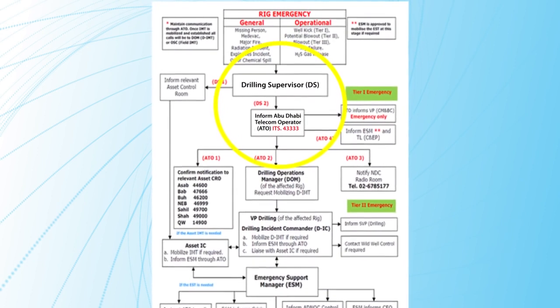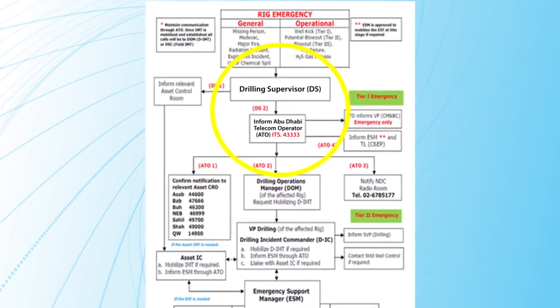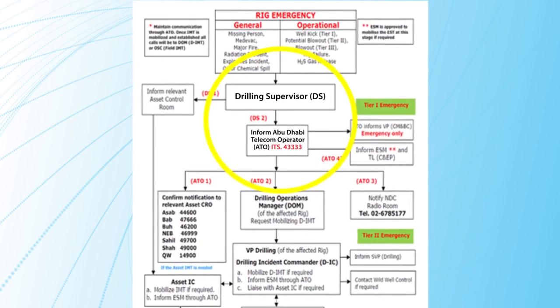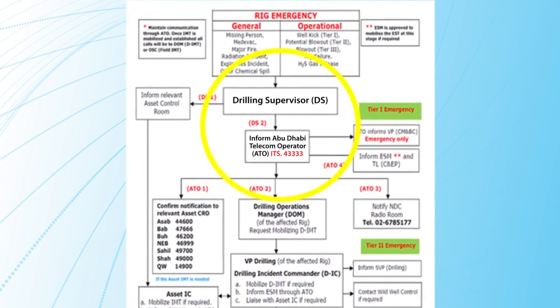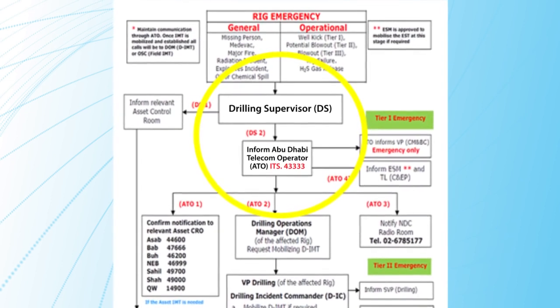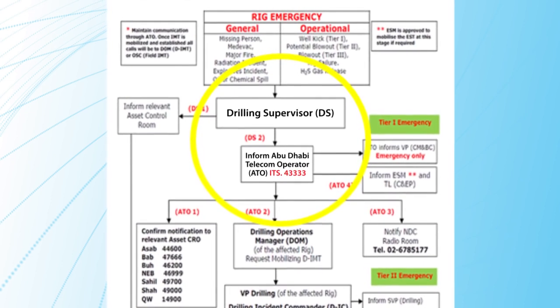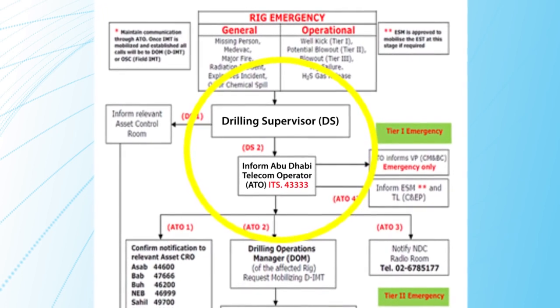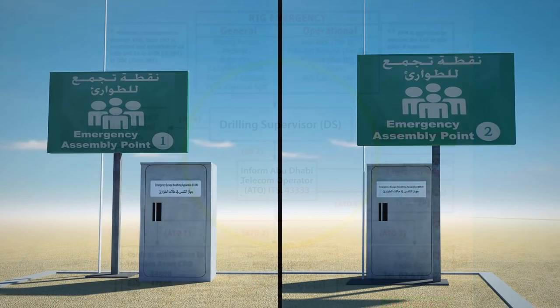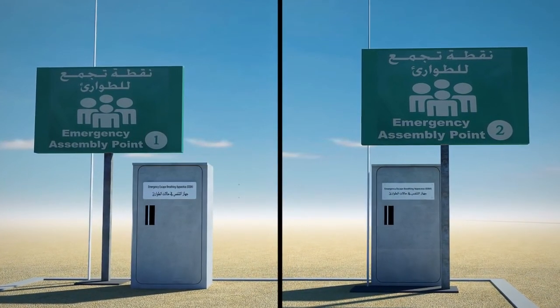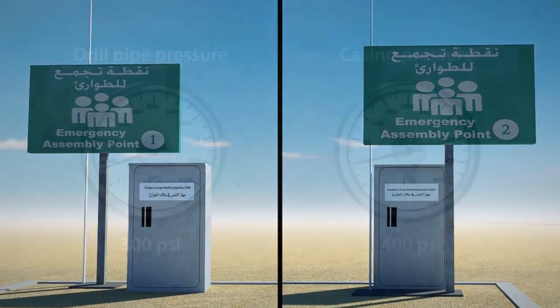Meanwhile, at the rig site, the on-scene commander, the ADCO drilling supervisor, will notify the Abu Dhabi telecom operator and relevant assets control room and raise emergency Tier 1, which activates appropriate emergency response teams. Unnecessary crew will be evacuated to the nearest assembly point.